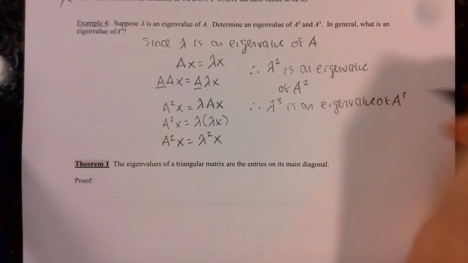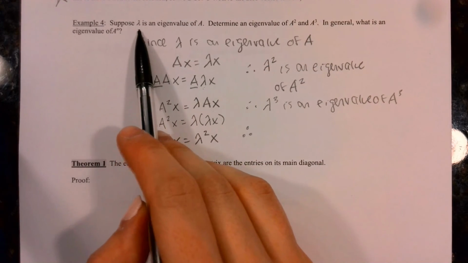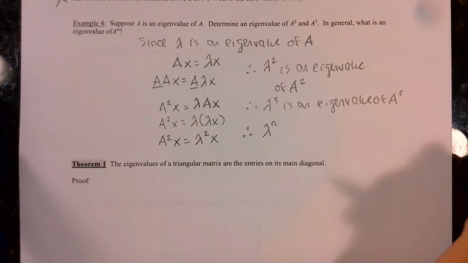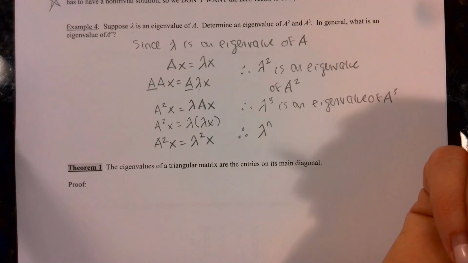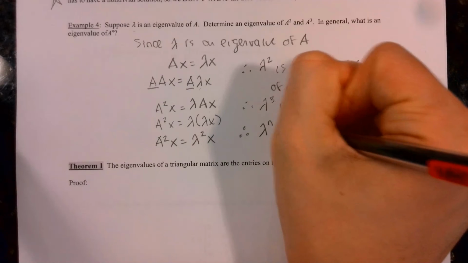So finally, if I was given an eigenvalue of a matrix and I needed to find the eigenvalue of A to the nth power, it's just lambda to the nth power. Is it the only eigenvalue? No, but I do know that it is one eigenvalue, which is helpful.